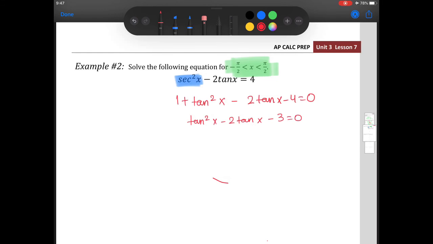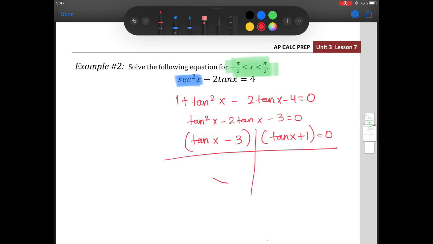Again, identify the structure. You need two numbers that multiply to negative 3 and add to negative 2. So they are tan x minus 3 and tangent x plus 1. So make up your t-chart. Set each of them equal to 0. What do I get?